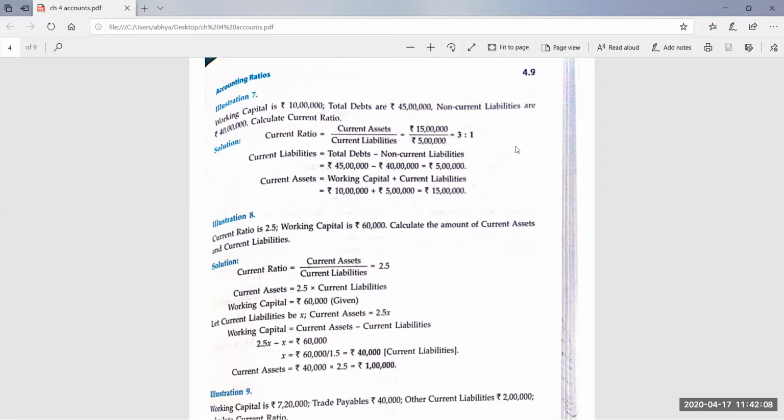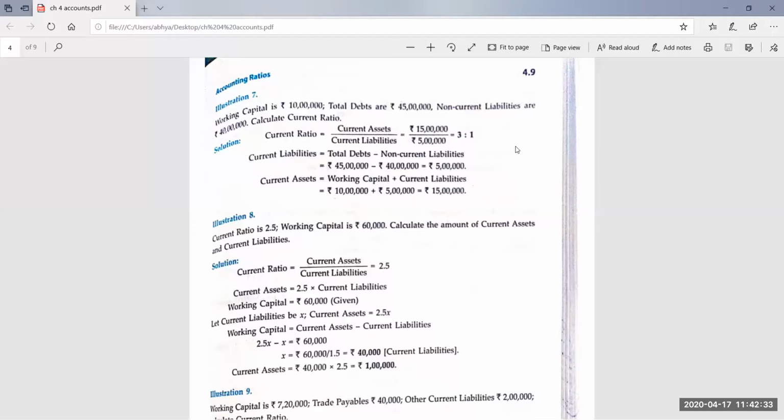Now the next question, write down. Working capital 7,20,000. Trade payables 40,000. Other current liabilities 2 lakh. Calculate current ratio.